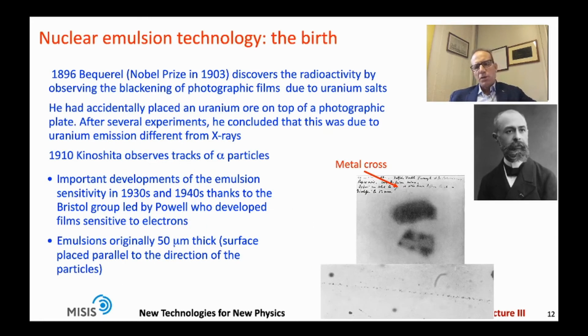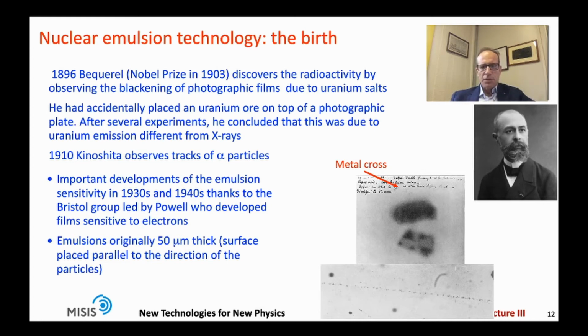So let me go a bit on the history. First of all, the discovery of the radioactivity was done by using a photographic film in 1896 by Becquerel, who got the Nobel Prize a few years later. He had placed accidentally an uranium ore on top of a photographic plane.